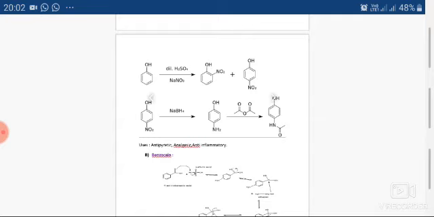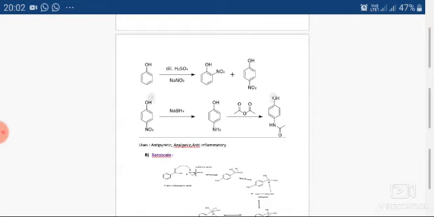When phenol is nitrated with nitrating mixture, then it gives ortho and para isomers of nitrophenol. It means 2-nitrophenol and 4-nitrophenol are obtained.